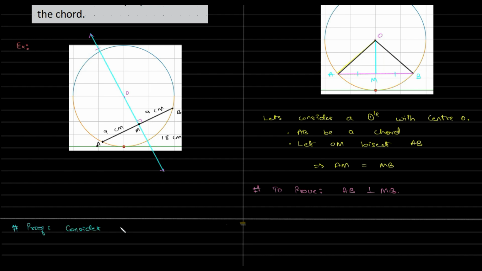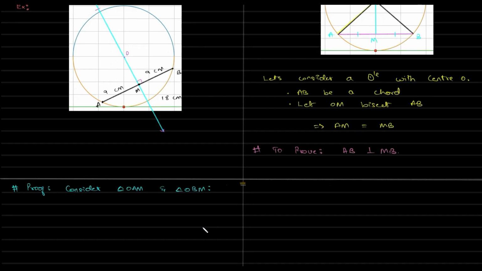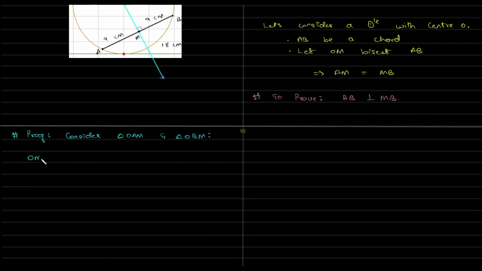Consider triangle OAM and triangle OBM. So OM is common. Then we have AM is equal to MB. This is in given. And we have OA is equal to OB.